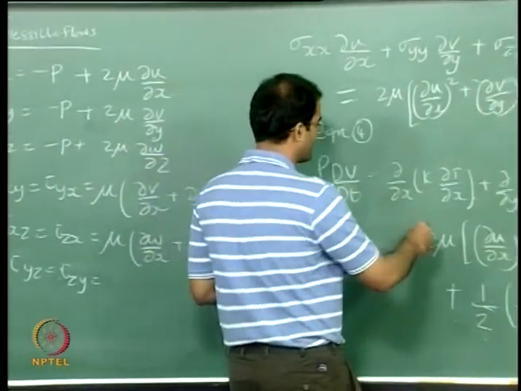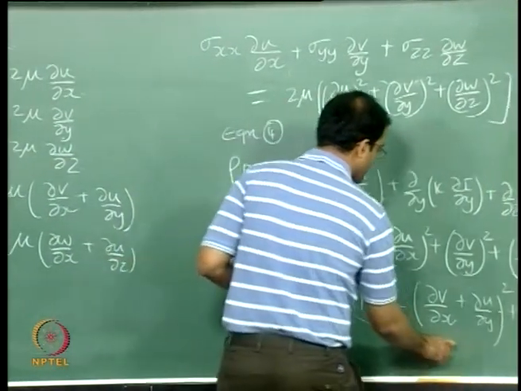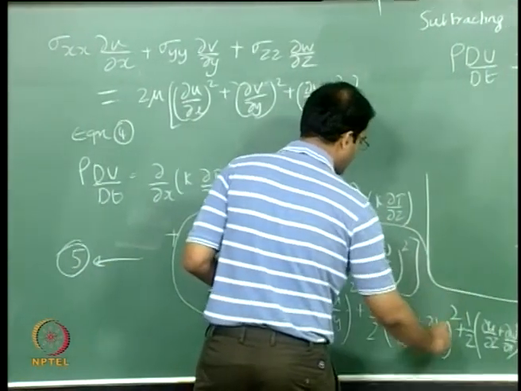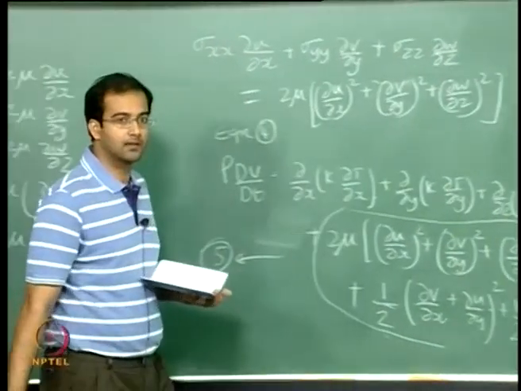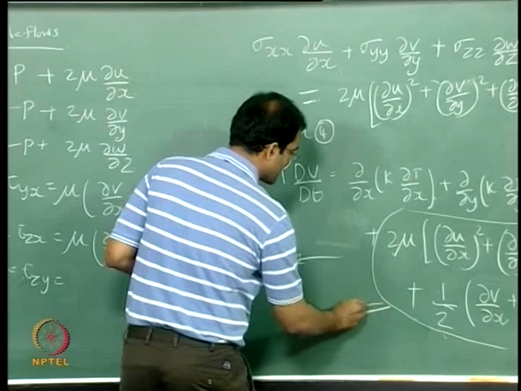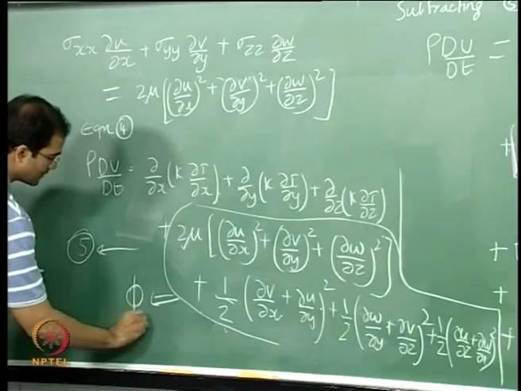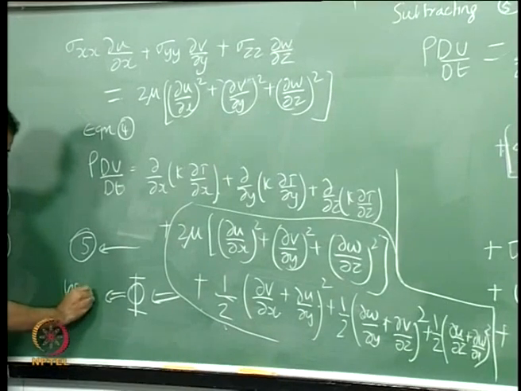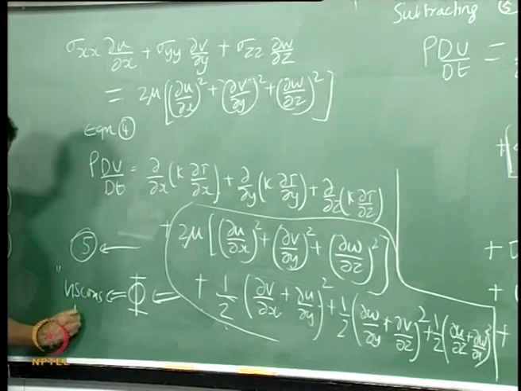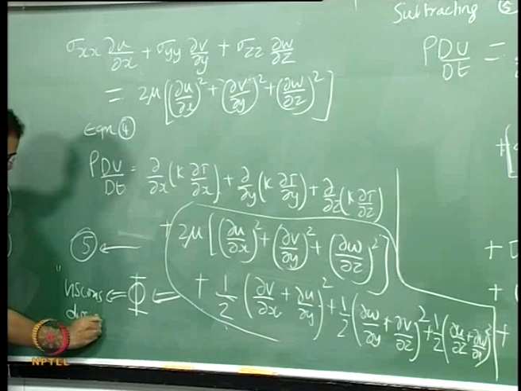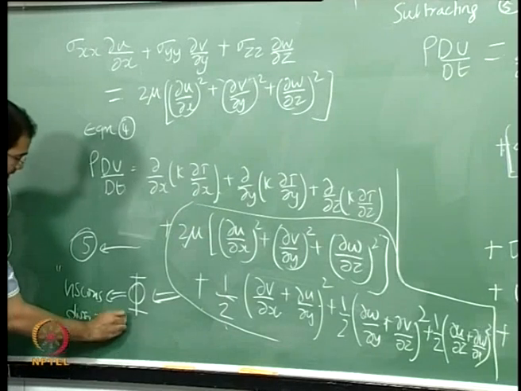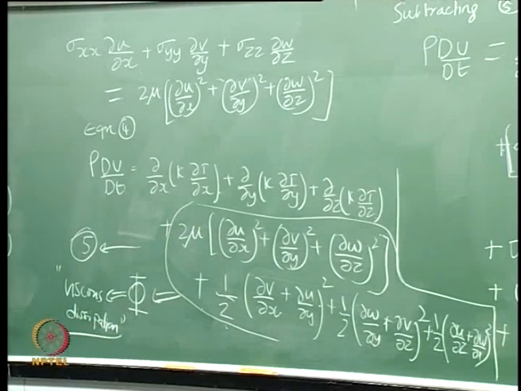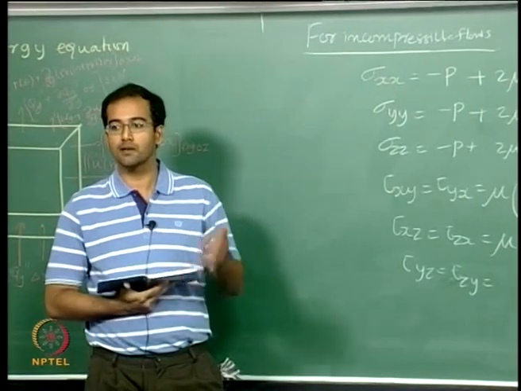So this is my equation number 5, and now it looks more familiar to you. I am going to group this set of terms contributed due to the work as one single term, denoted by the symbol right here, and this is called the viscous dissipation. See, of all the surface forces, you can see the body force terms get cancelled off. Finally, the body force terms do not affect the energy in any way.